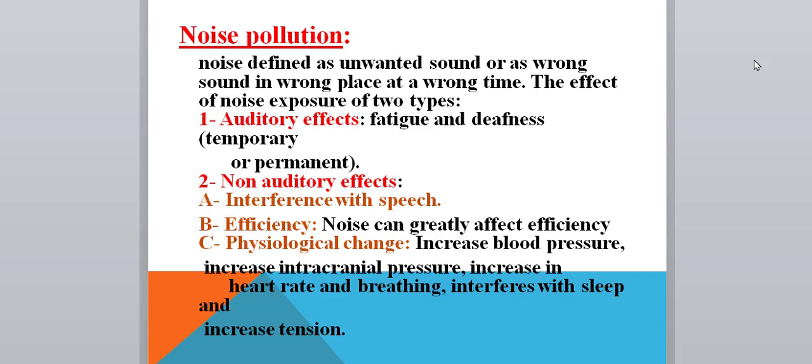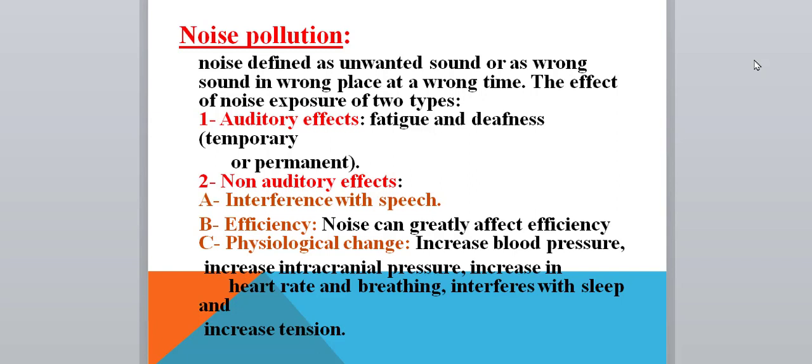C, physiological change. Noise affects the physiological pattern of the systems of the individual, such as increasing blood pressure, increasing intracranial pressure, and increasing heart rate.